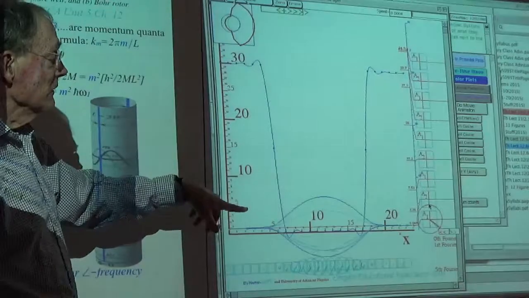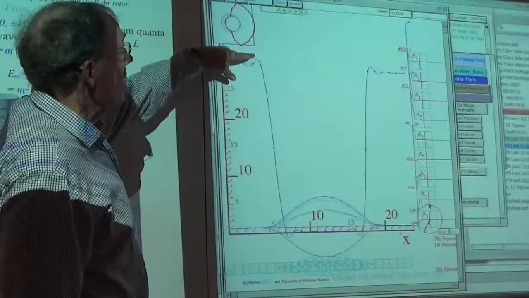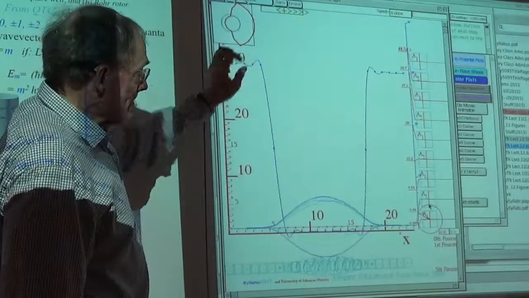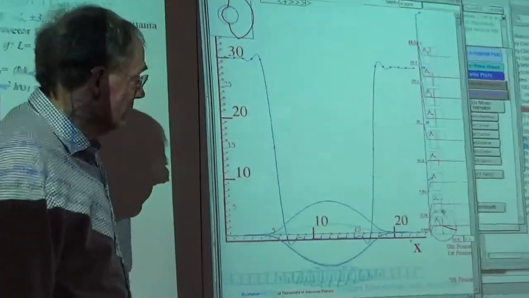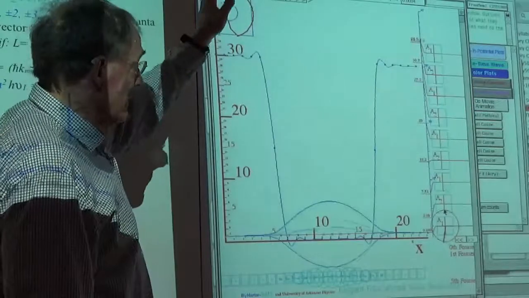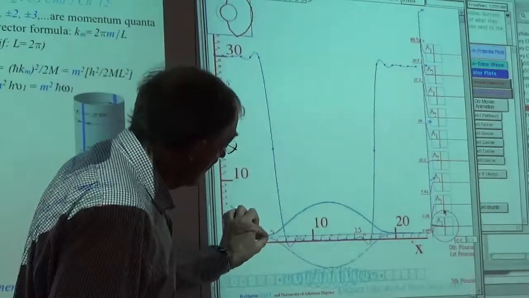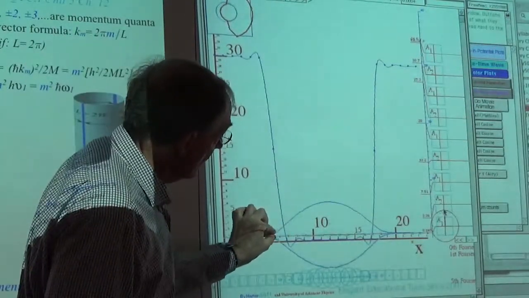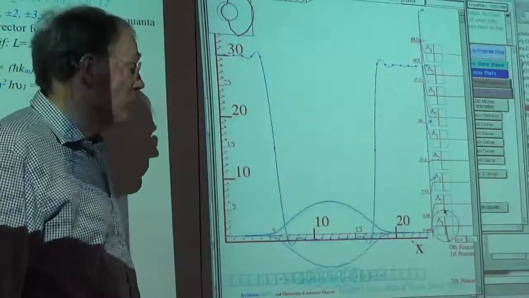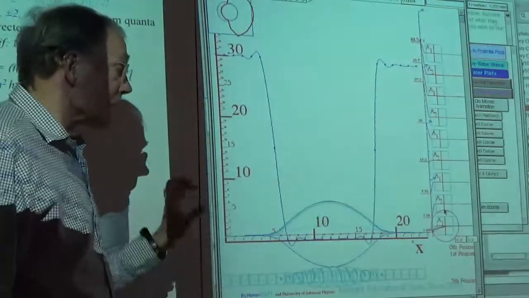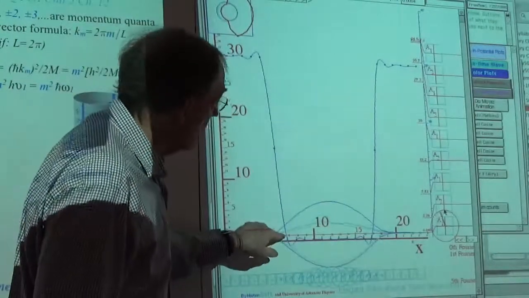Infinities are hard to make on a computer, but it's got a pretty high barrier here and a pretty small evanescence. If I made that higher and higher, I could pinch off this exponential evanescence and make a wave like the one on the infinite square well.